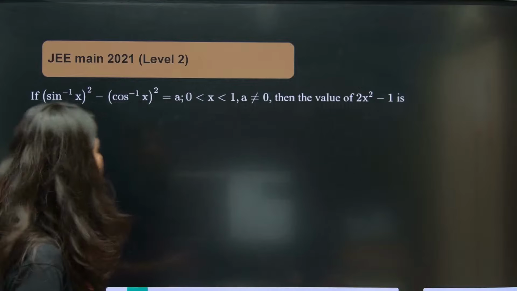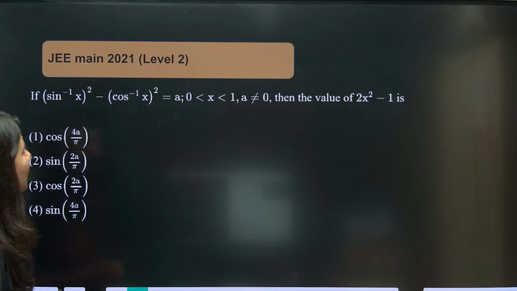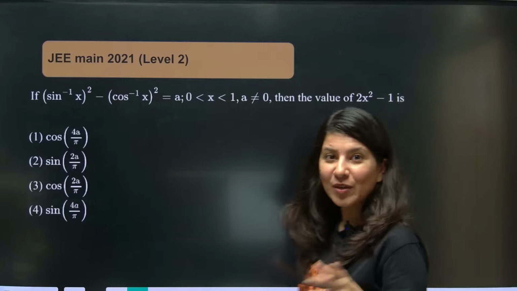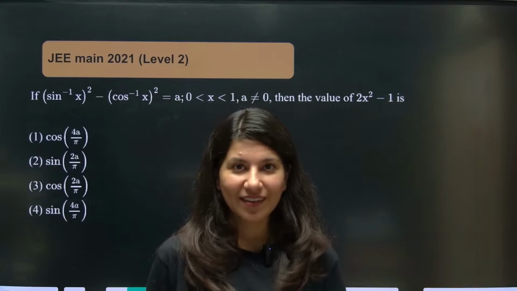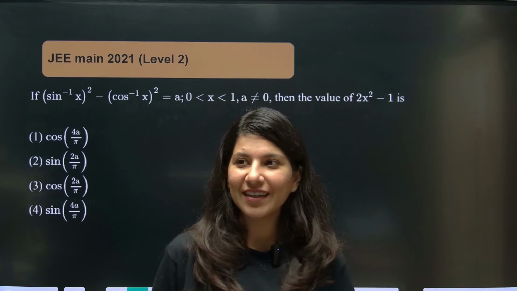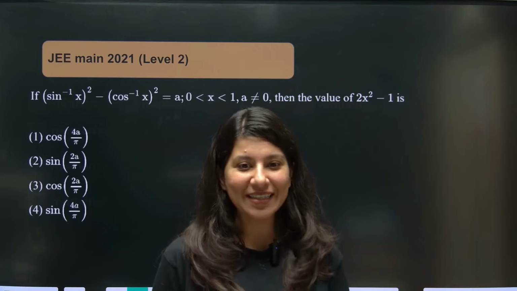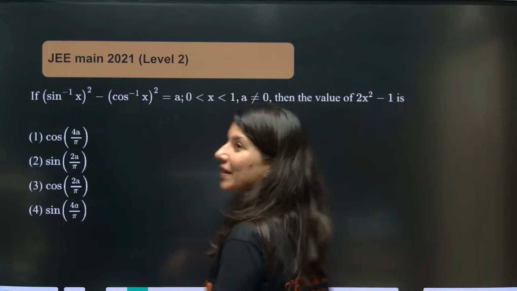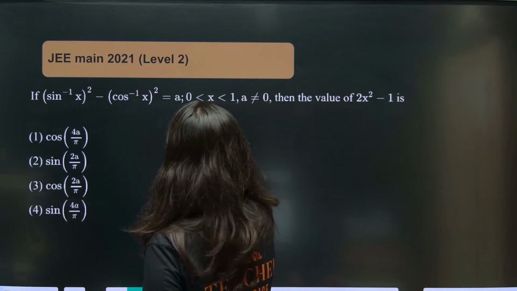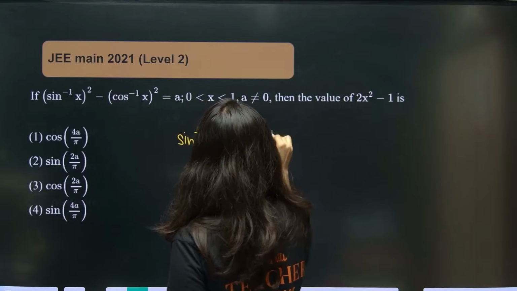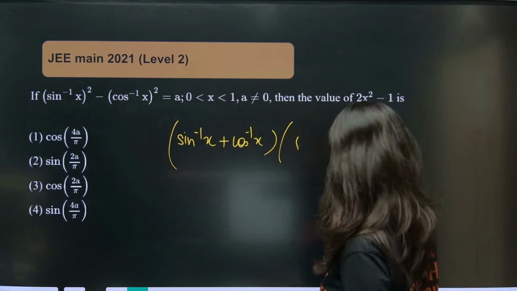Solve. Property number 5. Sin inverse x square minus cos inverse x square. Remember that. How many of you saw my reel, by the way? I was a student. 16 minus 9, 4 square minus 3 square. 4 square minus 3 square is what? 4 plus 3, and 4 minus 3.